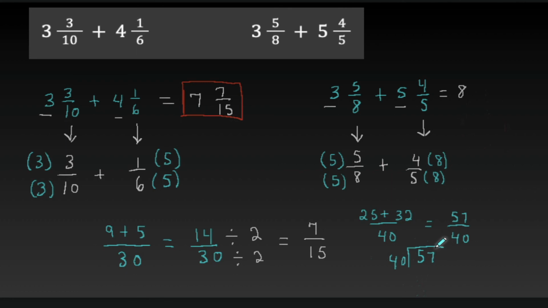A mixed number contains a proper fraction and its whole number. So 40 goes into 57 without going over once. It cannot be 2, because 2 times 40 is 80, and 80 is over 57. So we have to subtract 40 from 57, and that gives us 17. But notice we have a whole number right here. So we have to actually add this whole number to the 8. And that gives us 9 and 17 over 40, which is our final answer.